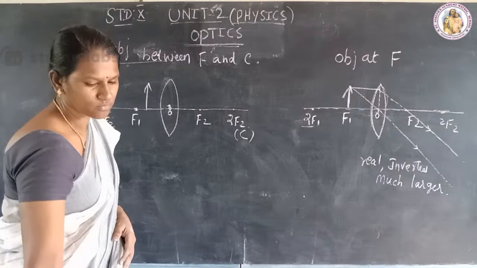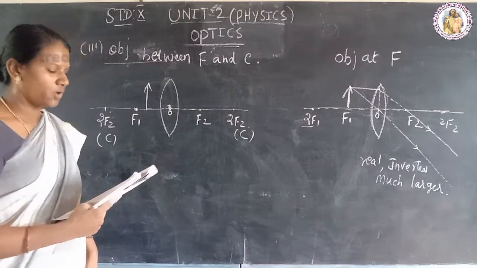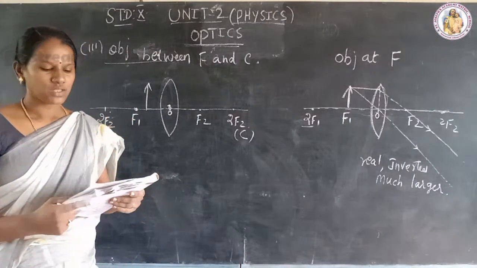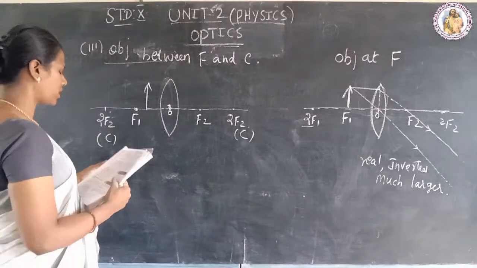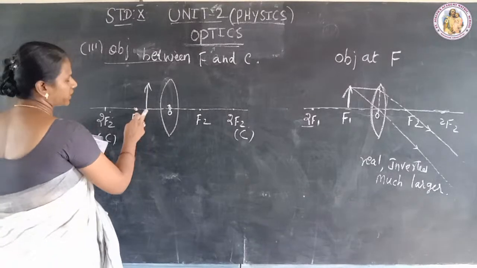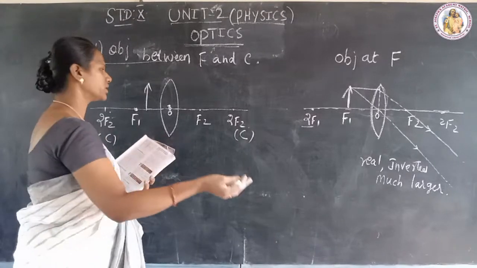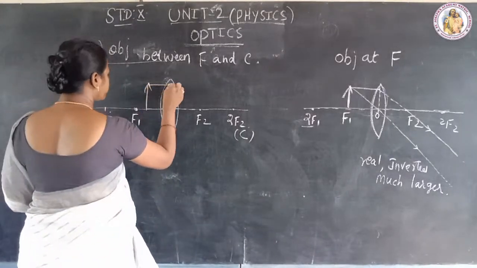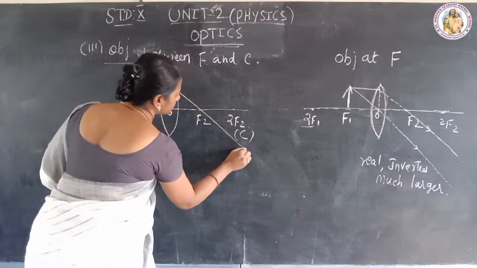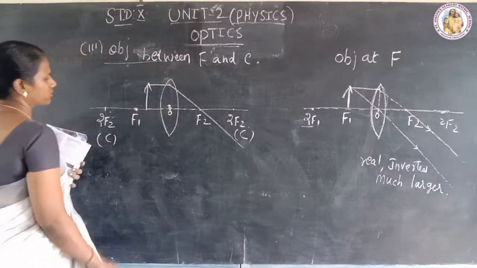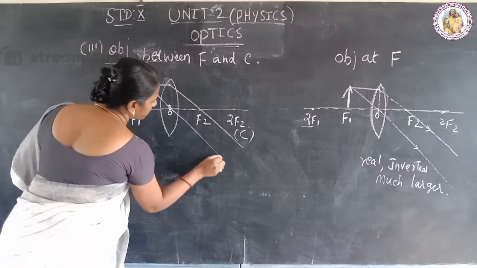See here, when an object is placed between the principal focus and the optical center, a virtual image is formed. The size of the image is larger than that of the object. For example, if I keep the object near to the lens, one ray falls towards the focus and another ray passes through the optical center.